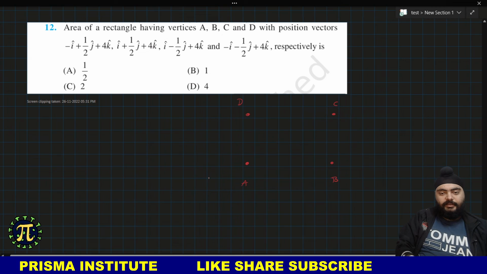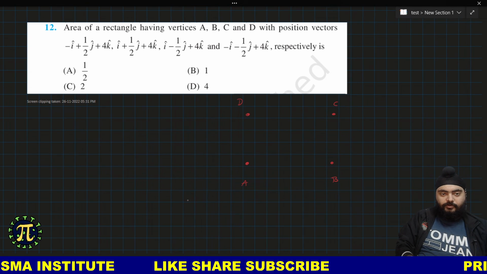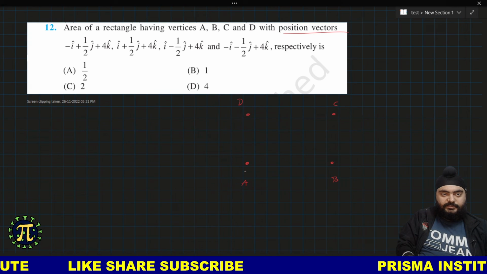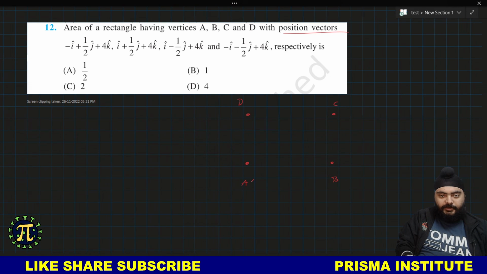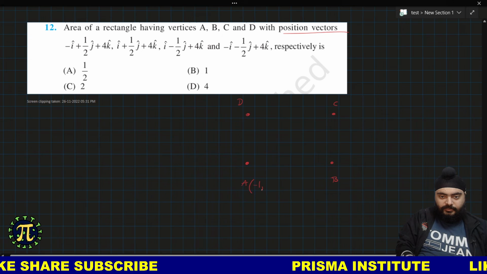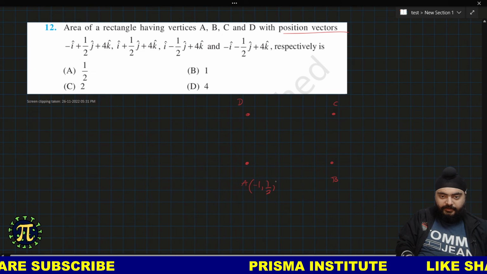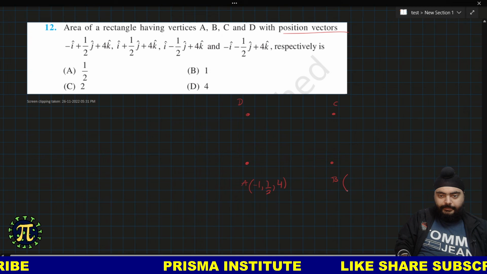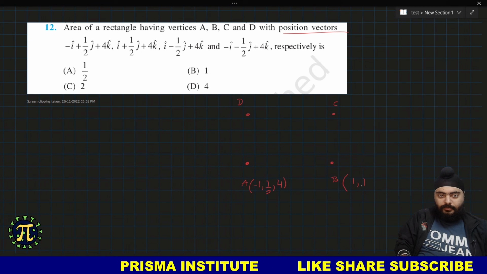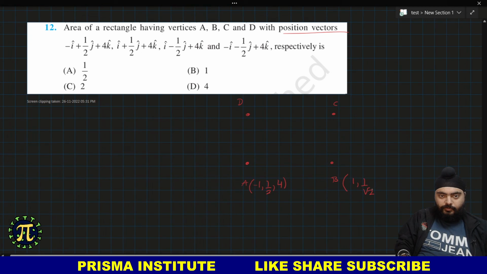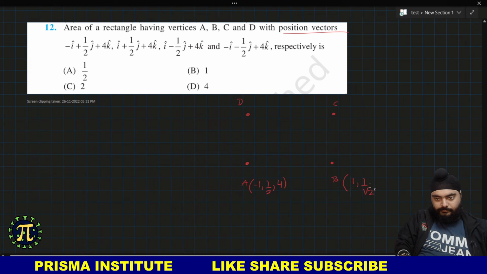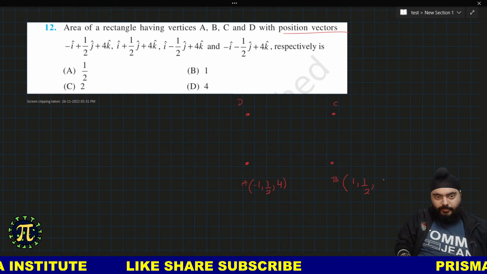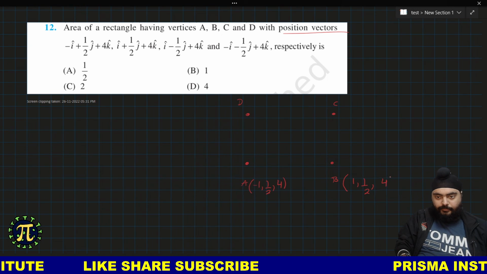And position vector is always given with respect to origin, right? Position vector is same as the coordinate of the point. तो A का coordinate क्या होगा? -1, half and 4. B का coordinate क्या होगा? 1, 1/2, 4.